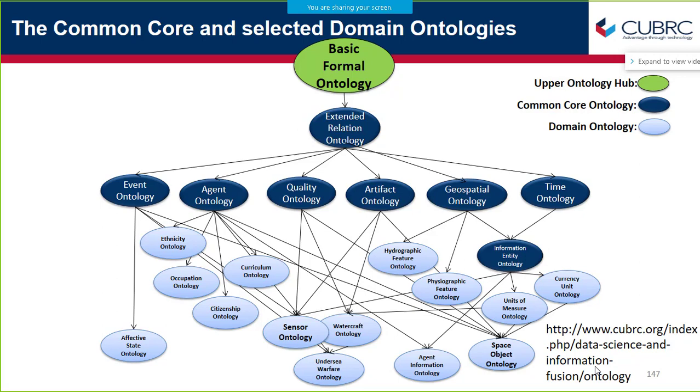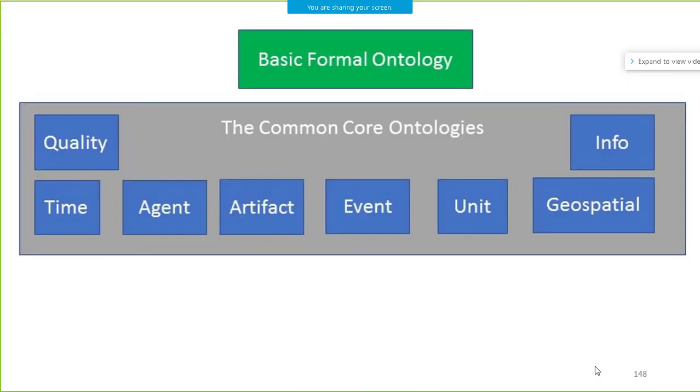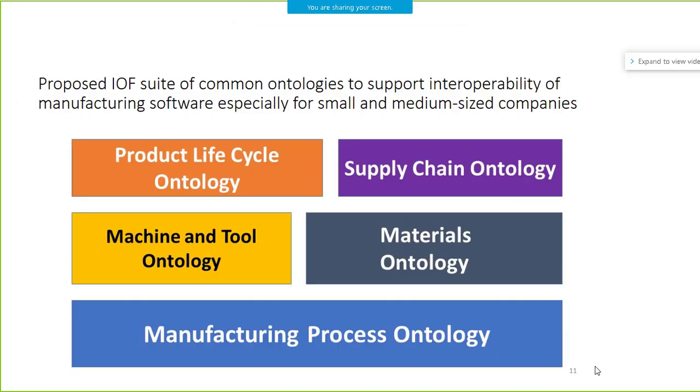So this is just a first effort to predict how the I/O Foundry will develop. And then we can combine the Common Core ontologies with the I/O Foundry ontologies and see how they are connected, or how they might be connected, in that the ones down here would extend the ones up here.